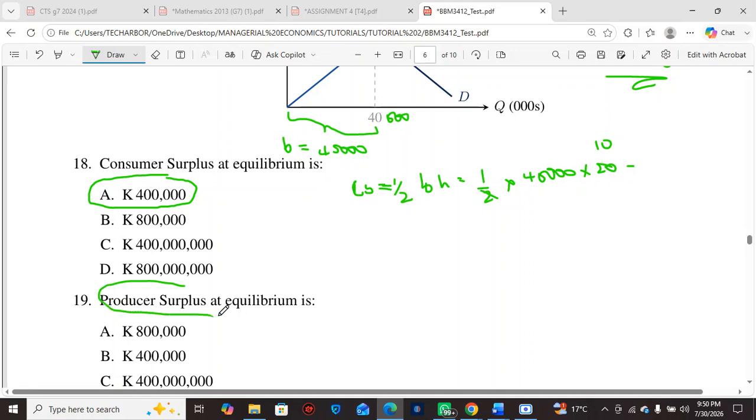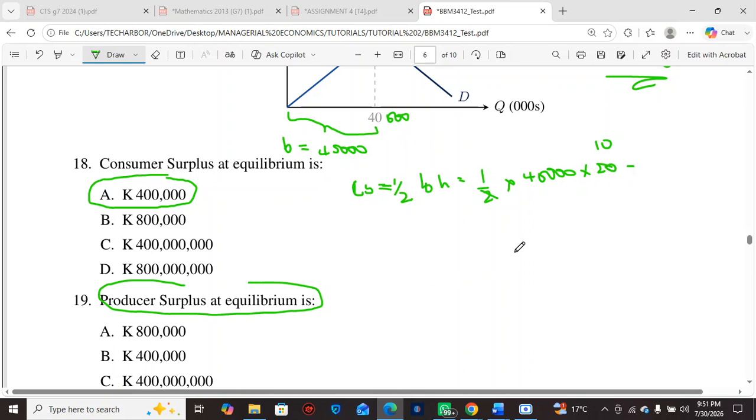The producer surplus at equilibrium. So remember, producer surplus, this is like the extra money the producer gets. Or think of it as the difference between what a producer is willing to sell an item for versus how much they sell that item for.